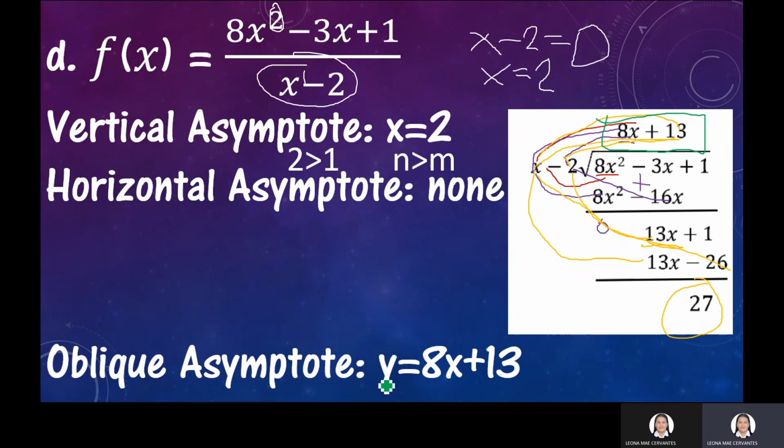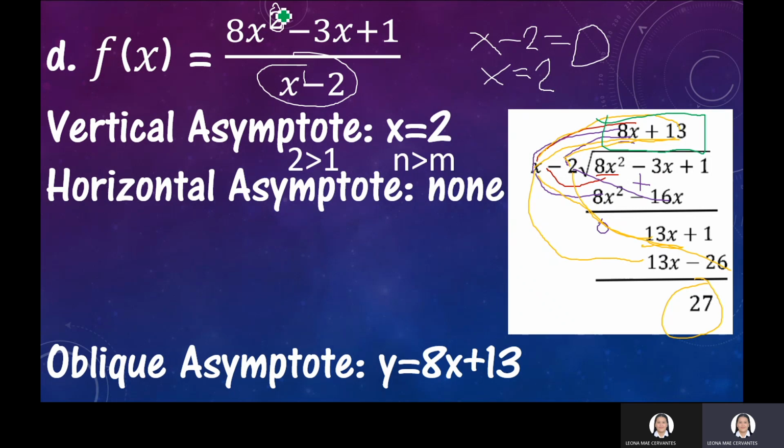Therefore, oblique asymptote, y is equal to 8x plus 13. Okay? Again, vertical asymptote, x minus 2, the denominator, equate to 0. So, x minus 2 equals 0. x is equal to 2. So, vertical asymptote, x is equal to 2.